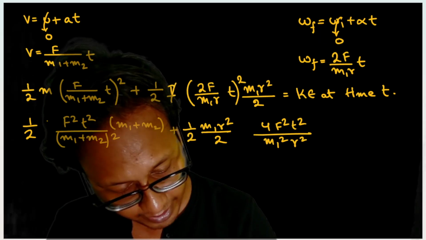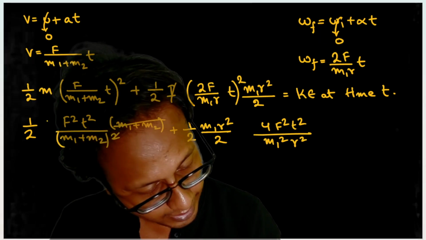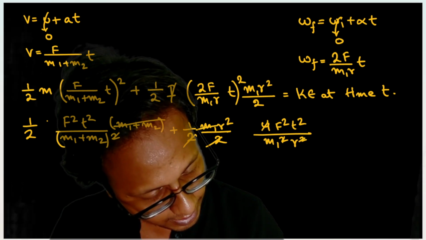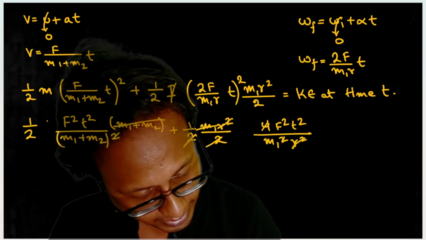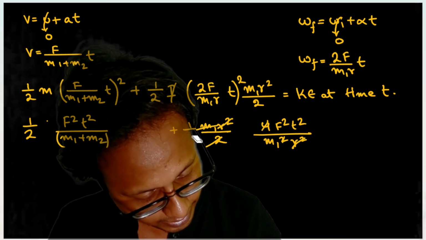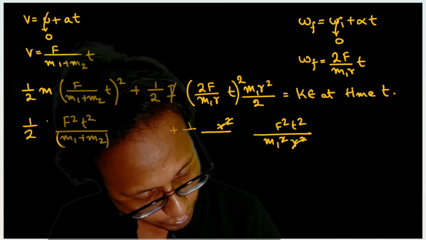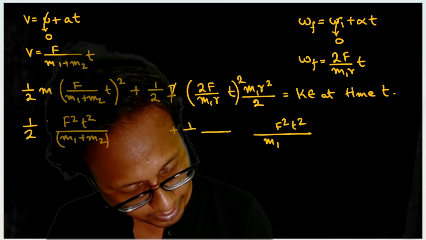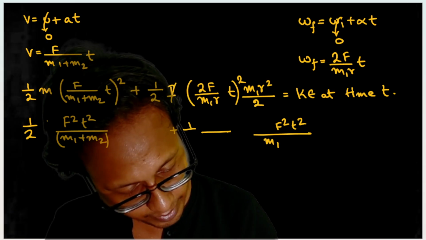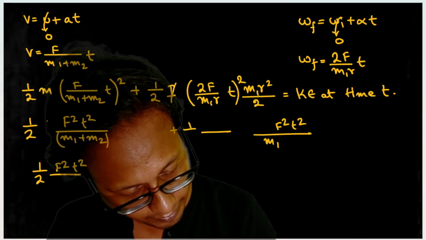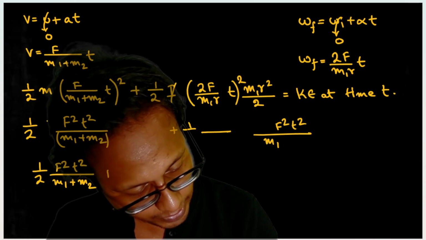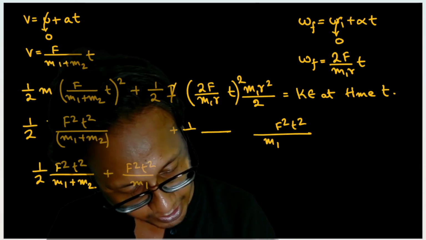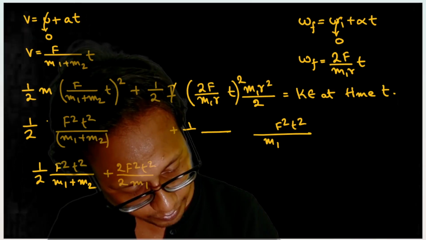Let me just simplify. This and this square will get cancelled. 2, 2, 4 getting cancelled. m1 square, m1 getting cancelled. r square getting cancelled. The remaining thing is half f square t square divided by m1 plus m2, plus f square t square divided by m1.